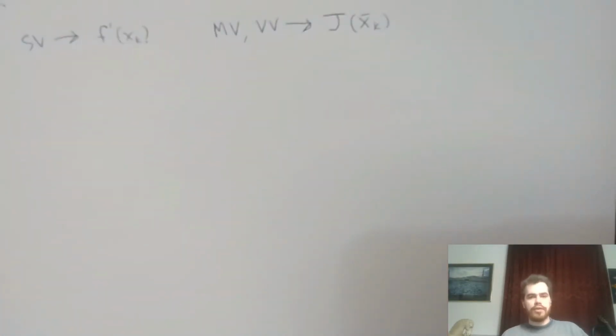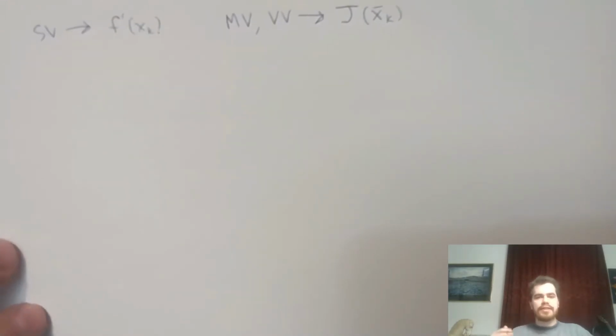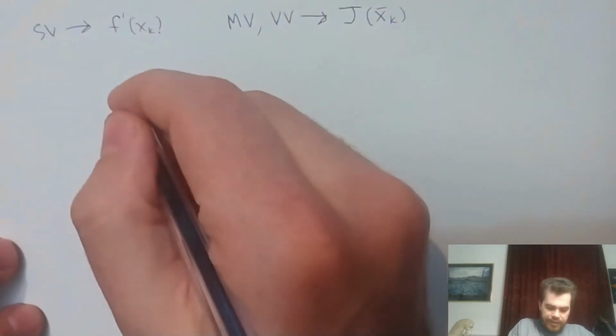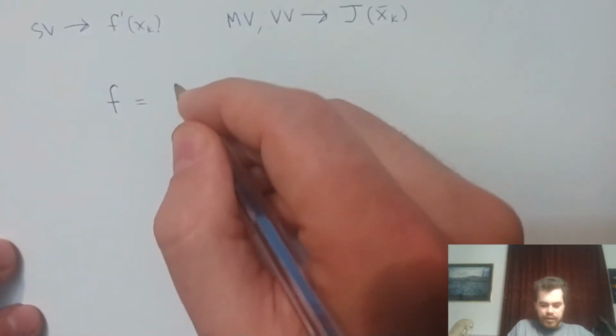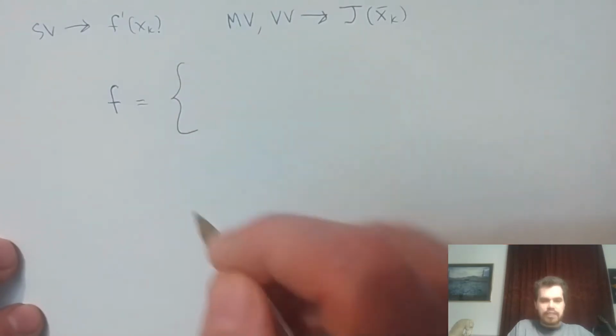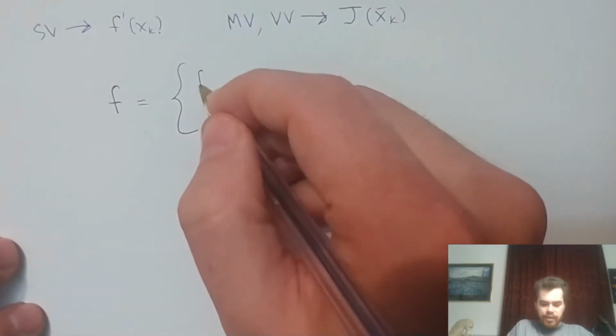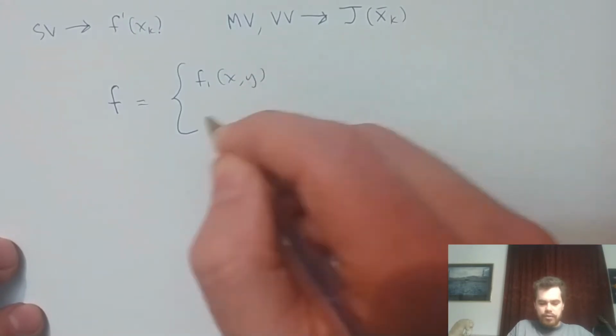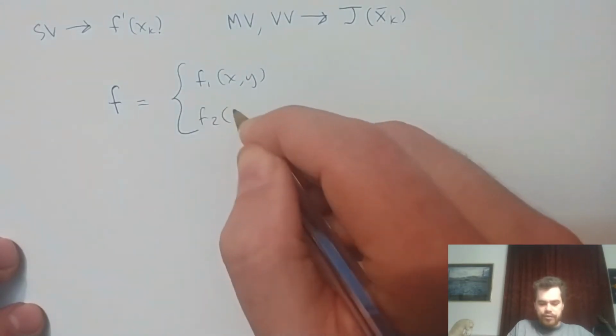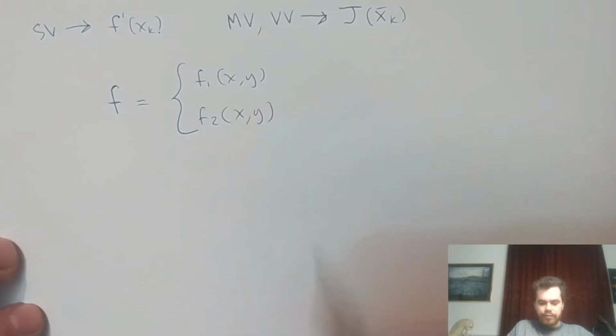What is this Jacobian? Well, let's write down some function that is a vector valued function. We'll call this function F, just like the last time. F is really a system of equations. There's some f1, which is a function of x and y, and there's an f2, which is a function of x and y.